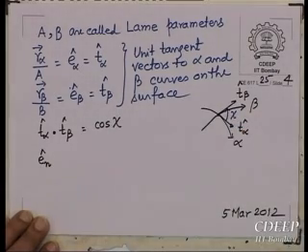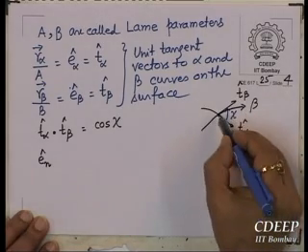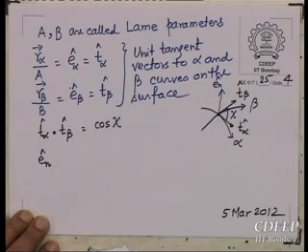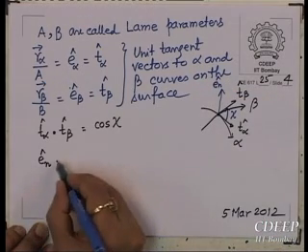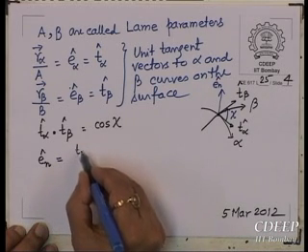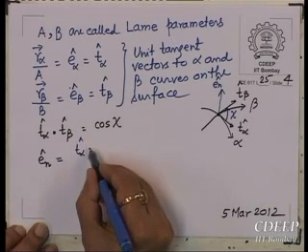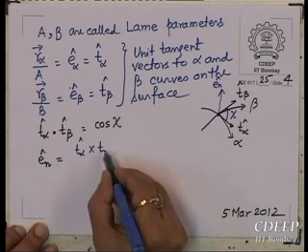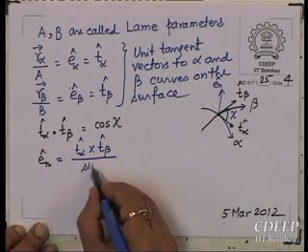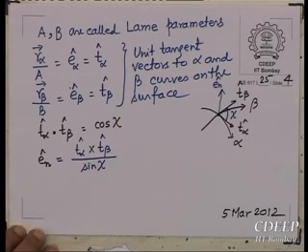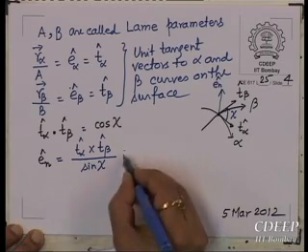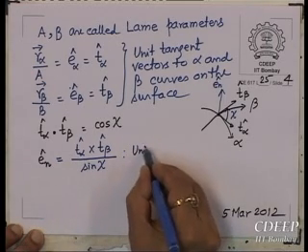Between T alpha and T beta, there is a normal vector En, and that will be equal to T alpha cross T beta divided by sine kappa. So at least we have now, this is a unit vector. So this is again a unit normal vector.